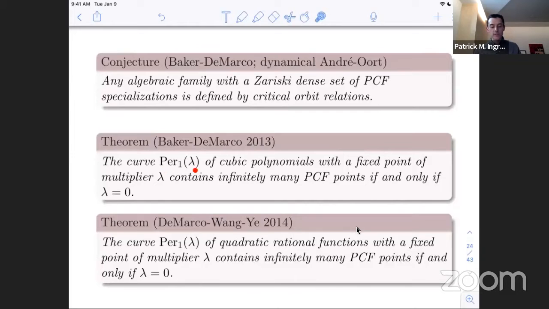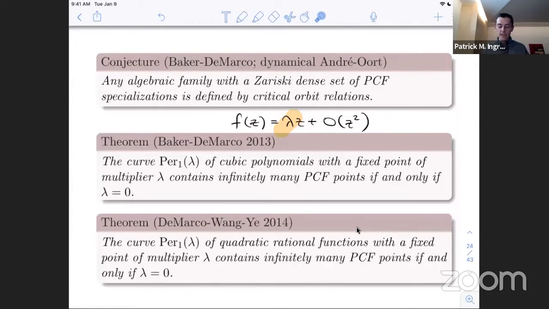This curve, let me tell you what this is: Per_1(lambda). If you have a rational function and you're thinking about it in a coordinate-free way, and you have a fixed point, then you might as well take that fixed point to be at 0, and then your rational function is going to have some local expansion like this. Lambda here determines the local behavior, or the local flavor, of the map around that fixed point.